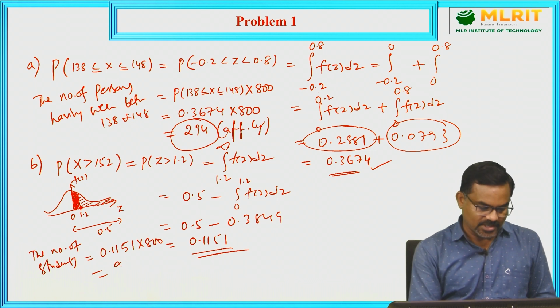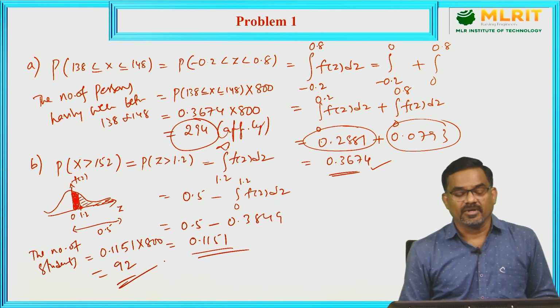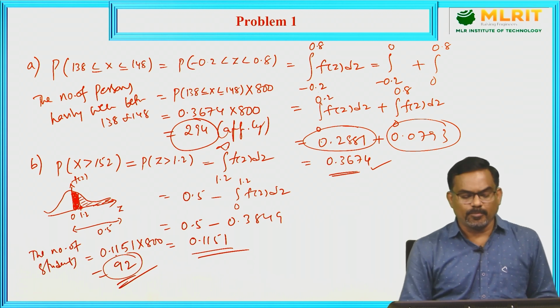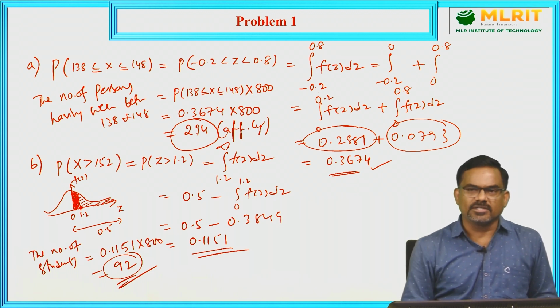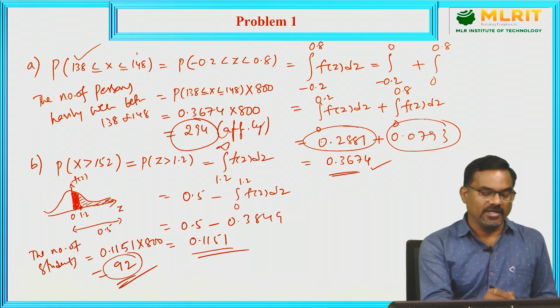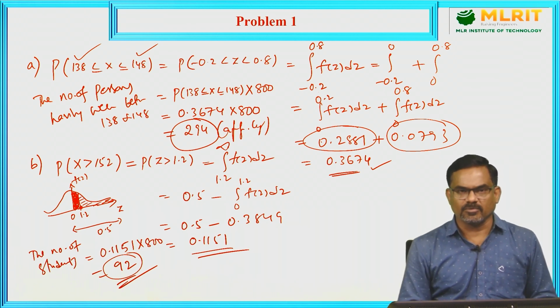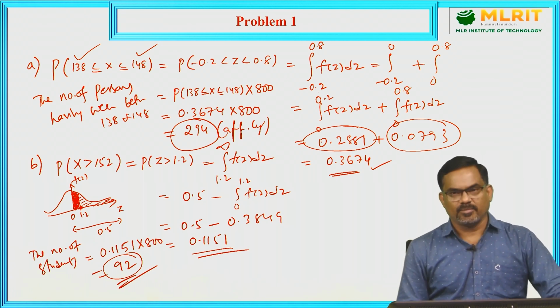This results in 92. So, 92 students have weight more than 152 pounds and 294 students have weight between 138 and 148. Like this, using the standard normal distribution table, we can find the required probabilities.